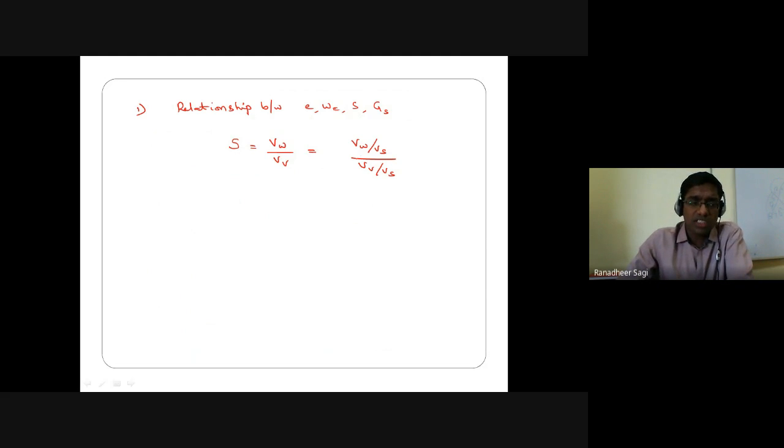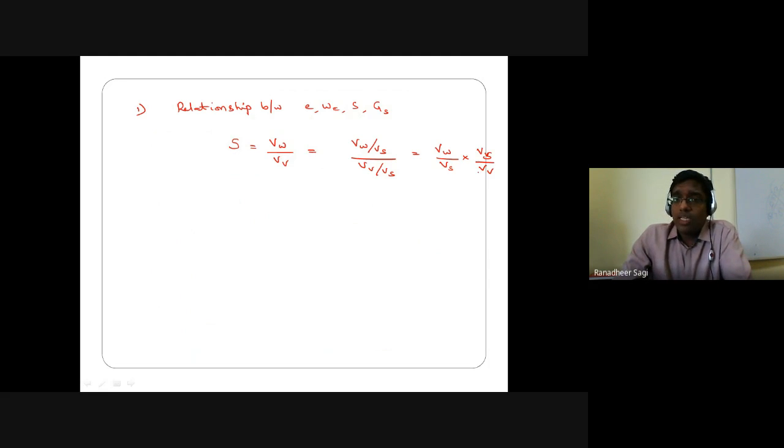In the process, I'm just rewriting my terms according to my convenience and requirement. So I rewrite it as Vw by Vs into Vs by Vv. This is how my expression gets rewritten.